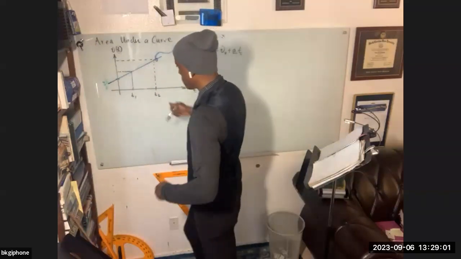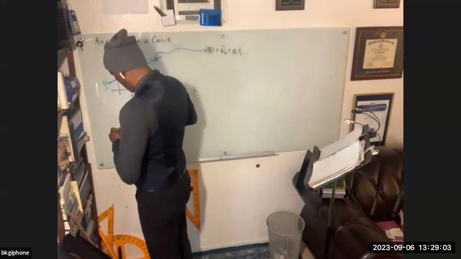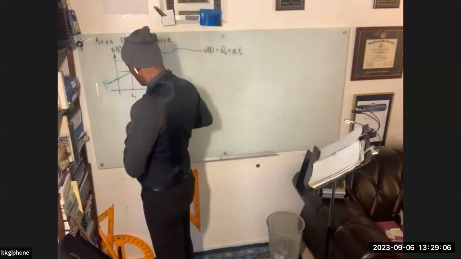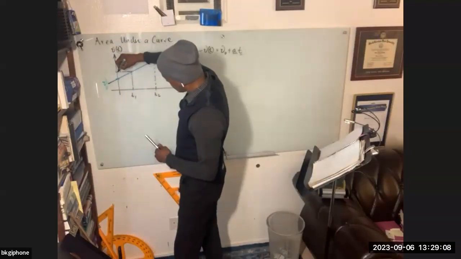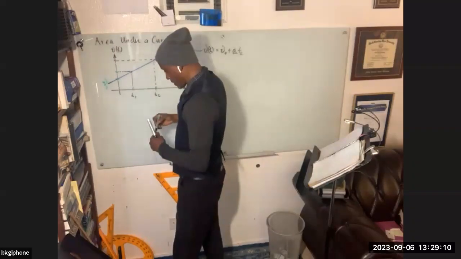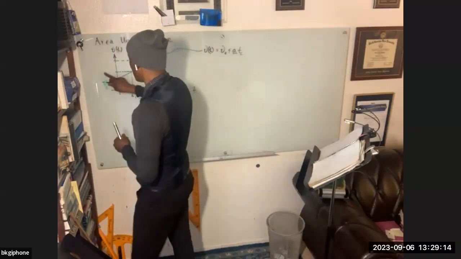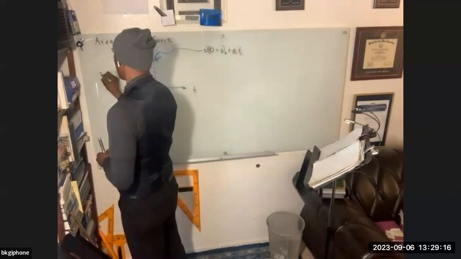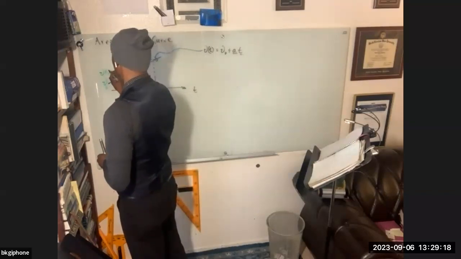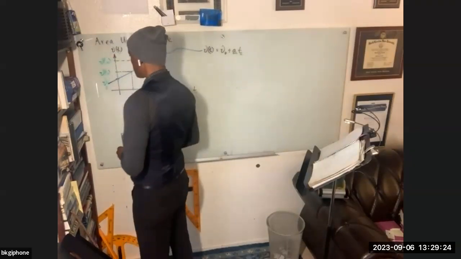That's what this means. So this point here and here are going to correspond to the velocity at time t1 and the velocity at time t2.